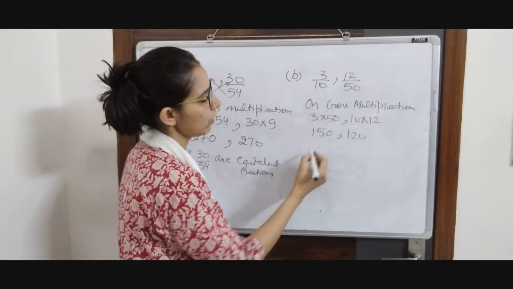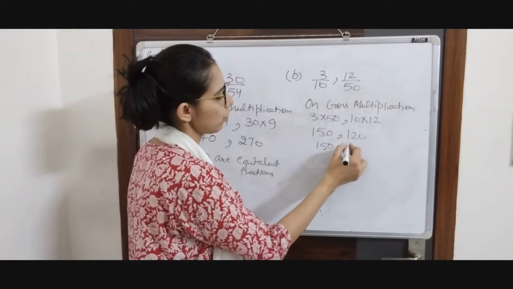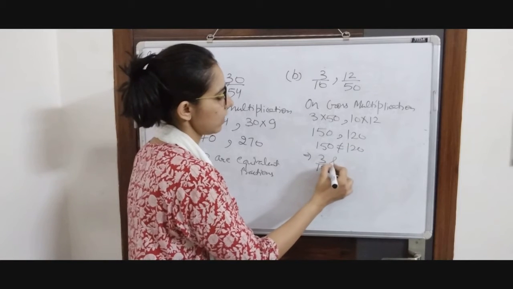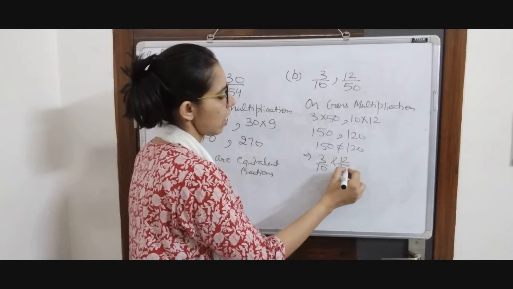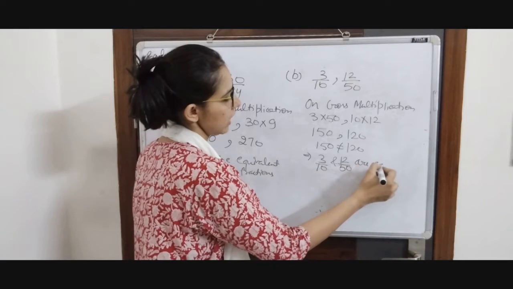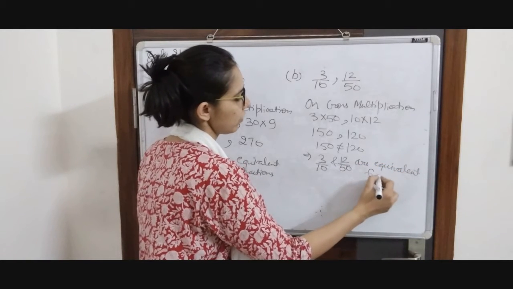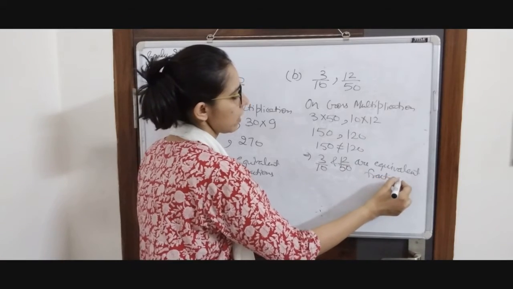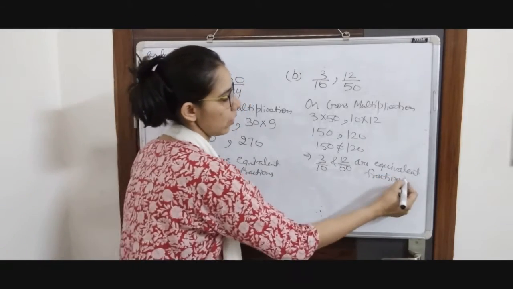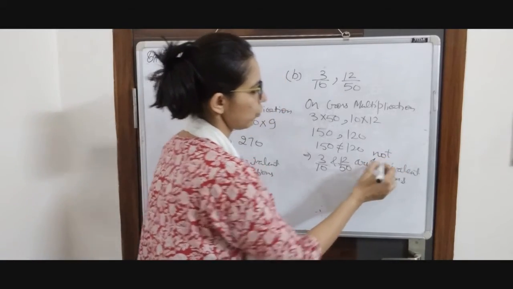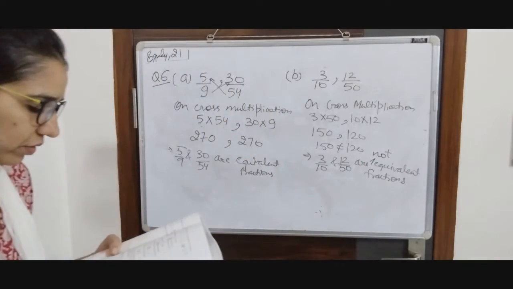So they are not equal. 150 is not equal to 120. Implies 3 by 10 and 12 by 50 are not equivalent fractions. Okay. I forgot to write not. They are not equivalent fractions.